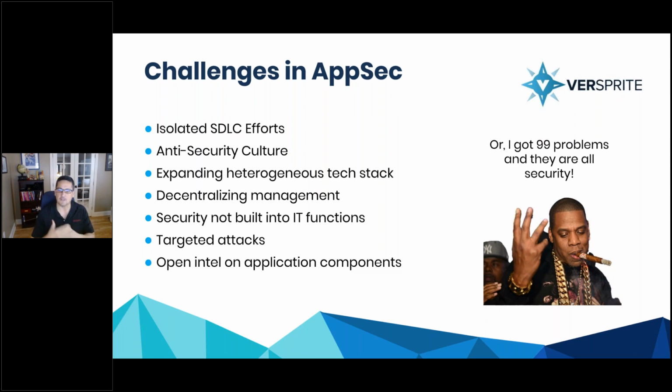So there's this anti-security culture that begins to come about, and that's obviously not a very good thing. In my experience, there's definitely been conflict between AppSec security groups and development teams, software development teams, whether they be inside an organization or outsourced to a third party. It's very conflicting. But there's ways around that.